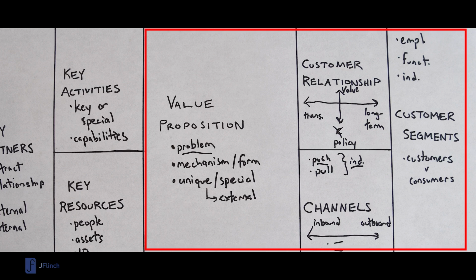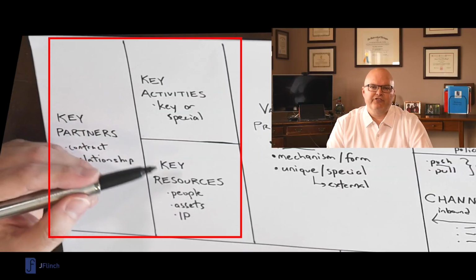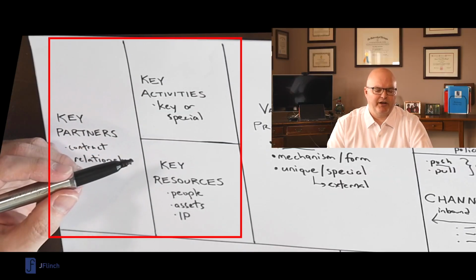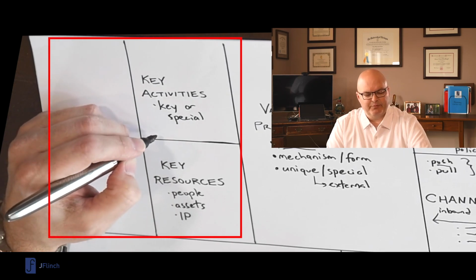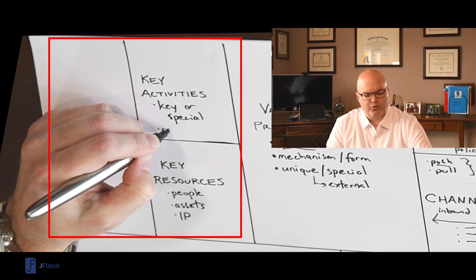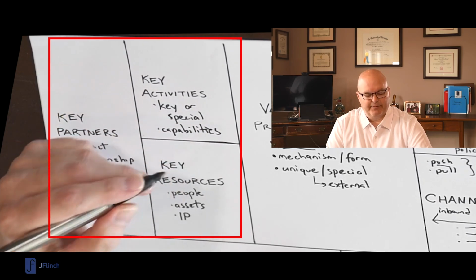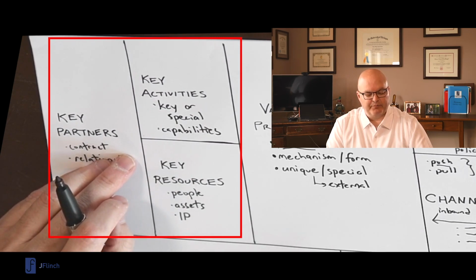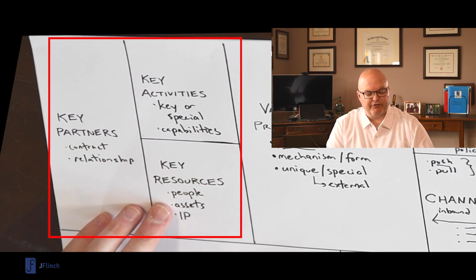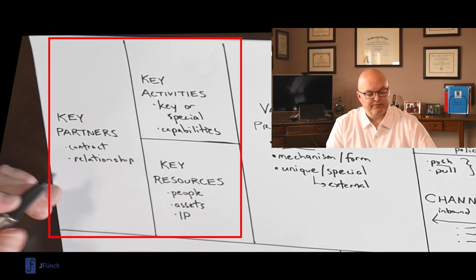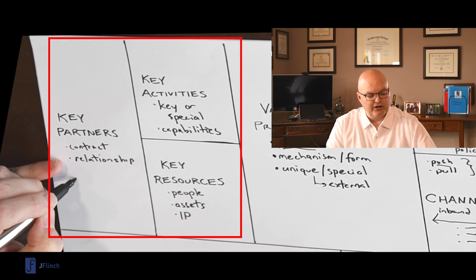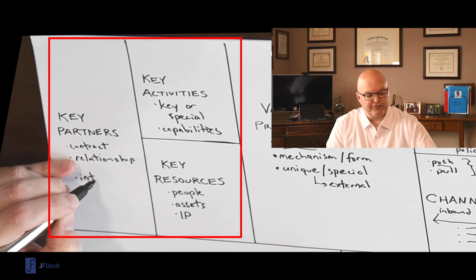We then still have the same questions on the back. Key resources. These are things that you, again, already have in place. They're much more likely to be capability-based. So what capabilities do we provide from that standpoint? And here, the key partners are both internal partners, right?